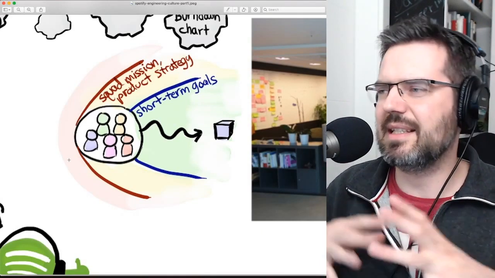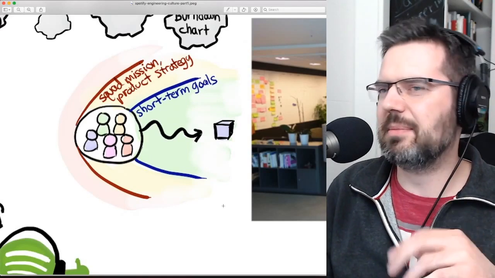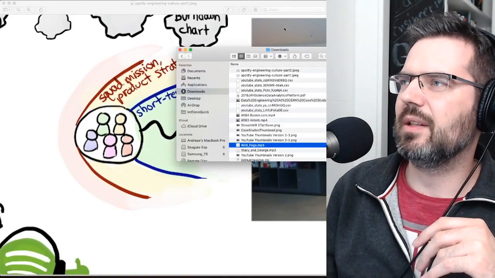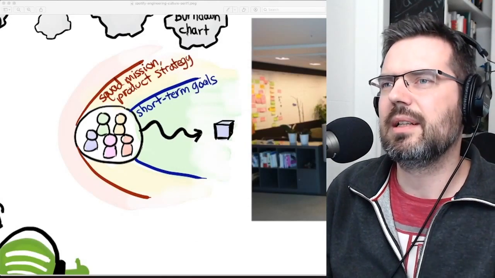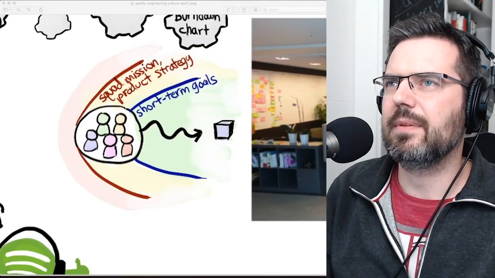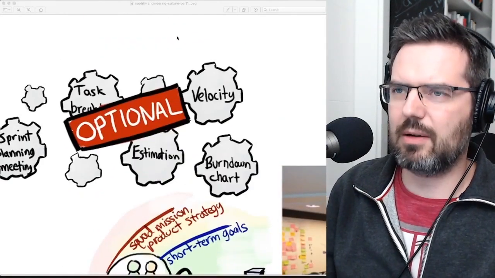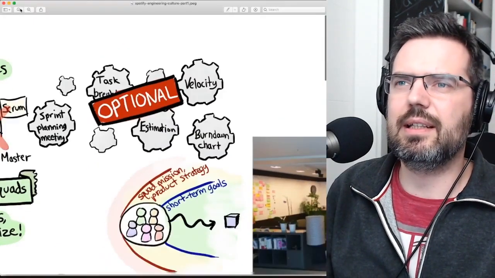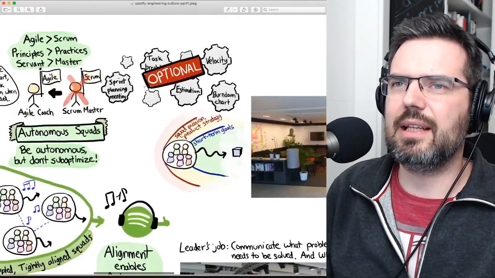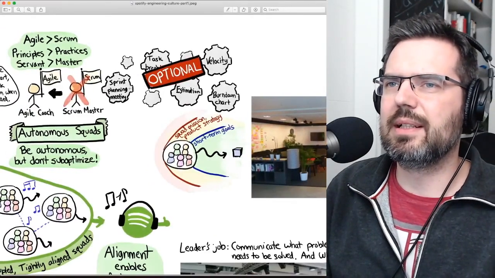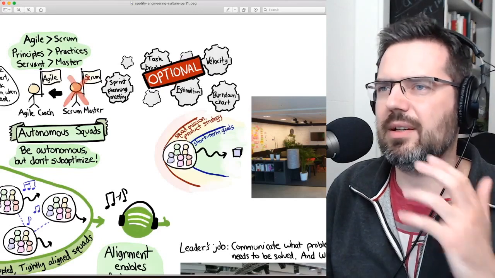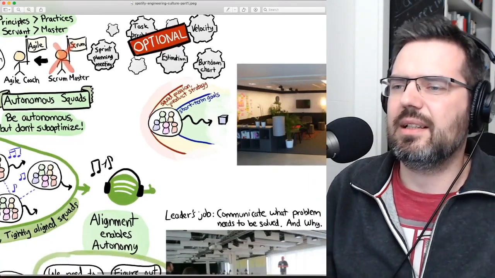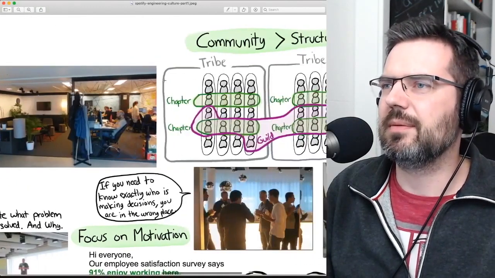And I find this is one of the crucial steps here, so that everybody's working together. And then what they say is optional regarding the agile: you can do sprints, but tasks or burn down charts and estimations are optional.